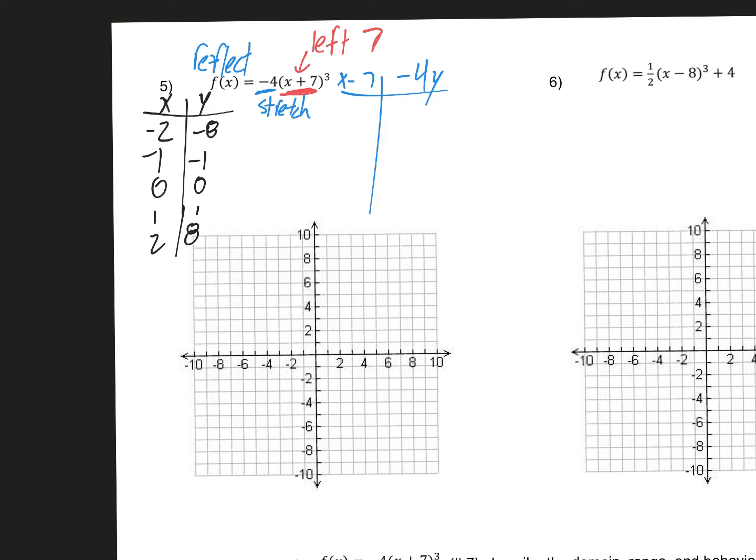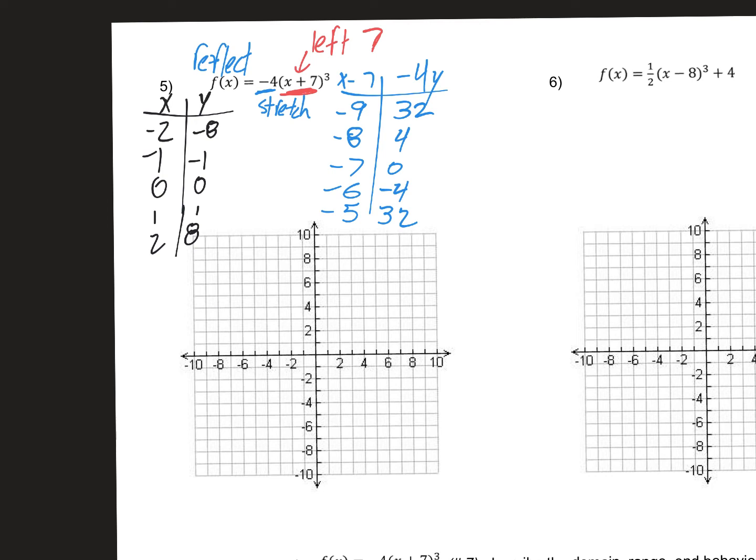Okay, so let's see where the math takes us. -2 minus 7 is -9, -1 minus 7, -8, -7, -6, and -5. Times -4, we've got 32, +4, 0, -4, and +32. Now, of course, the 32s are going to stick off, but we can at least get that middle part pretty well set in here.